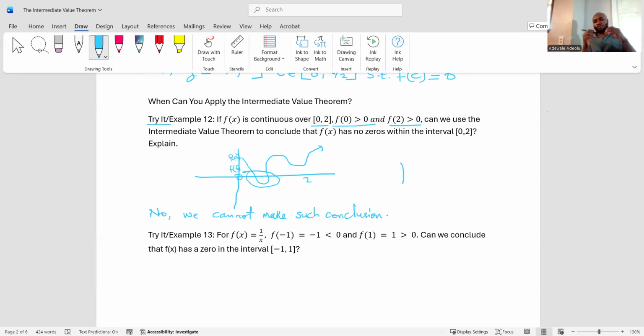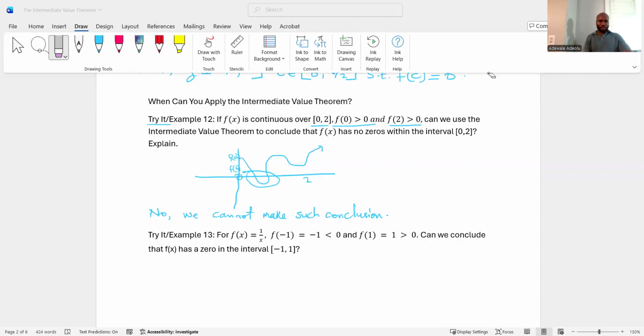It is not ideal for us to conclude that because it does not satisfy IVT, then there will not be a 0.